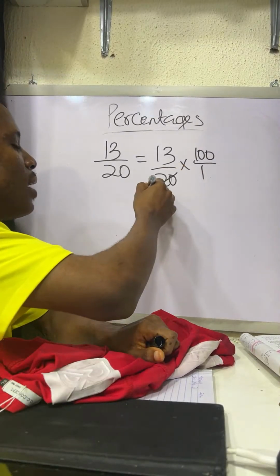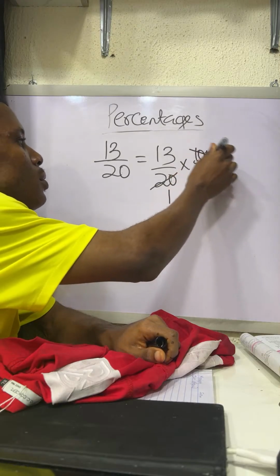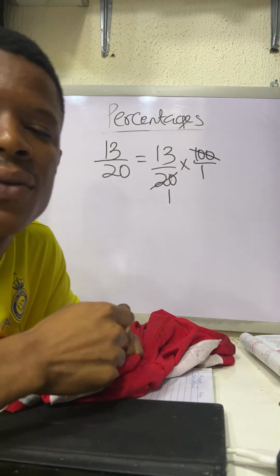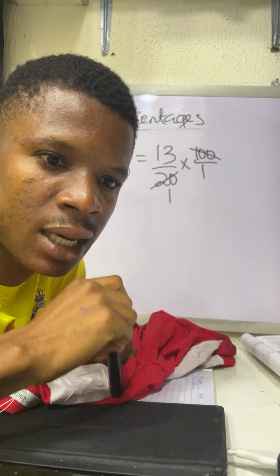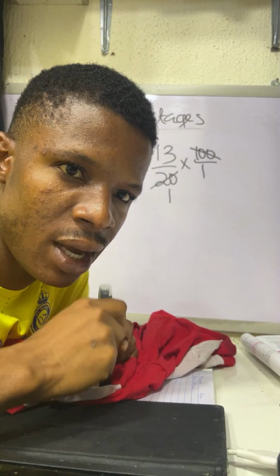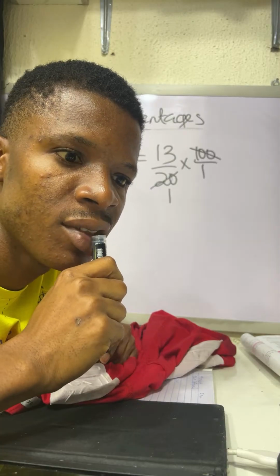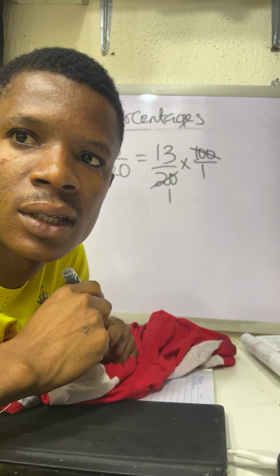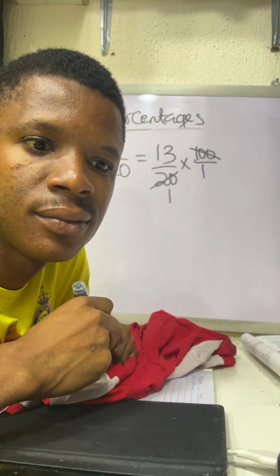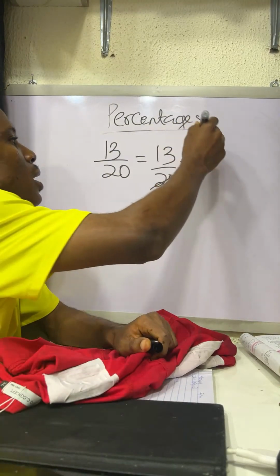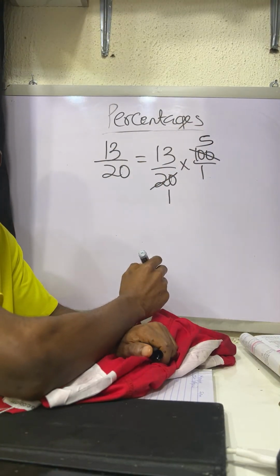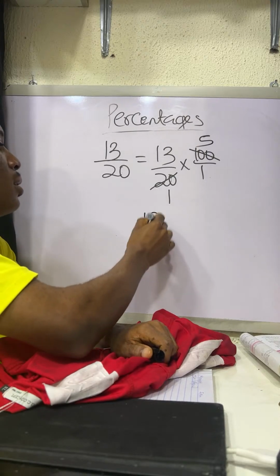When 20 divides itself, we have 1. When 20 divides 100, if you divide 100 by 20, what's the answer? It's 5. So what's the answer? 13 times 5.